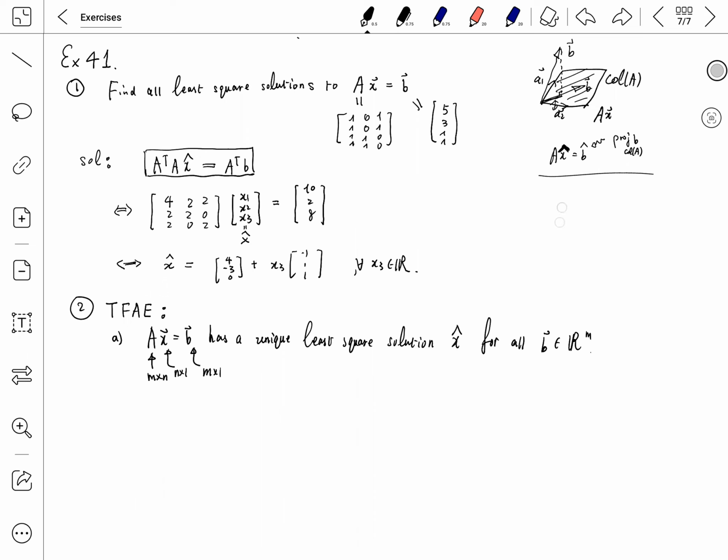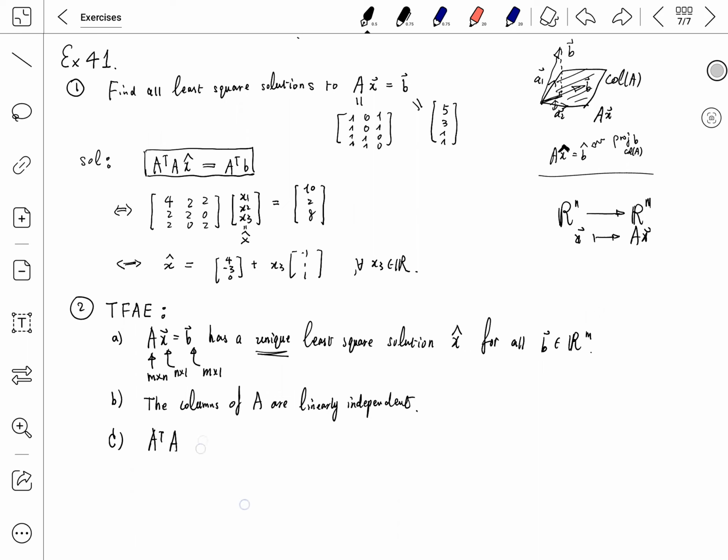Again, we're talking about the matrix multiplication sending x to Ax. B: the columns of A are linearly independent. We want to characterize this unique solution by the columns of A being linearly independent. Moreover, one more characterization, C: ATA is invertible.